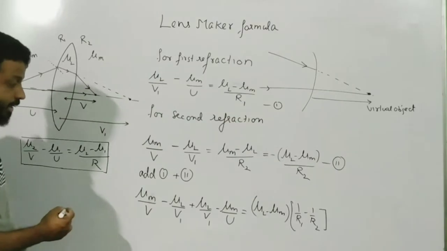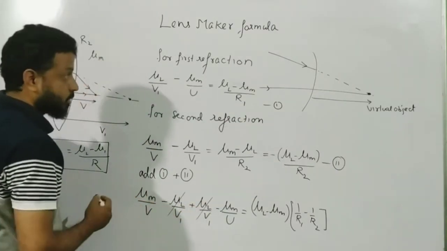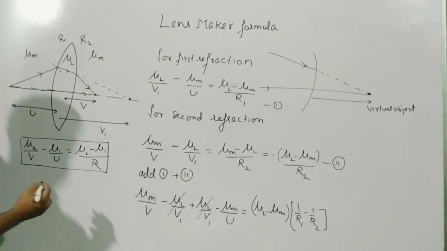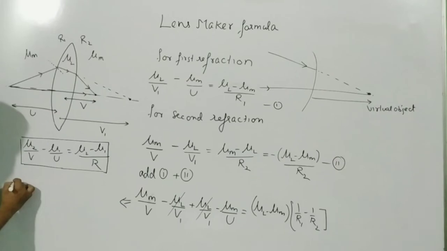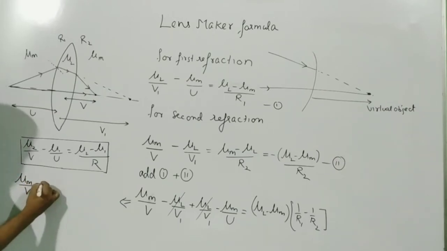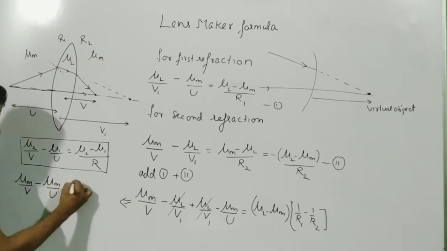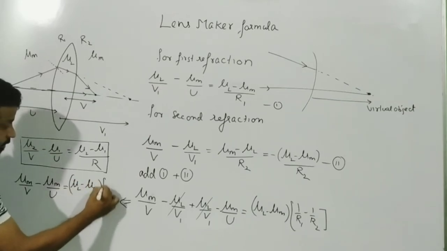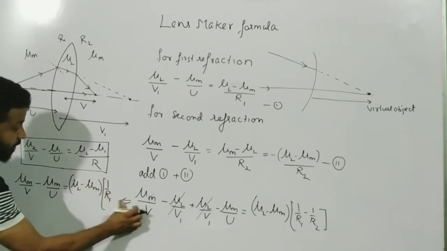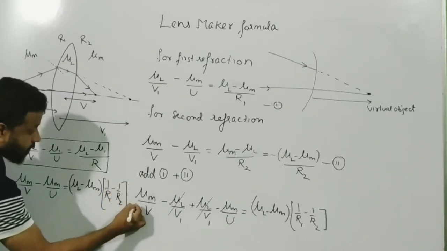What are the terms which will get cancelled out? This and this will get cancelled out. So we are left with the final expression: mu m by v minus mu m by u equals mu l minus mu m into 1 by R1 minus 1 by R2.